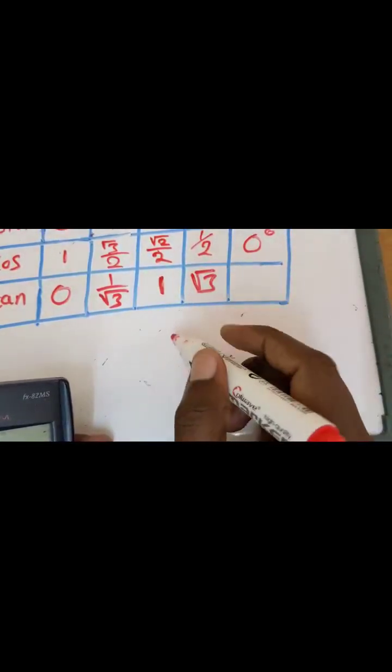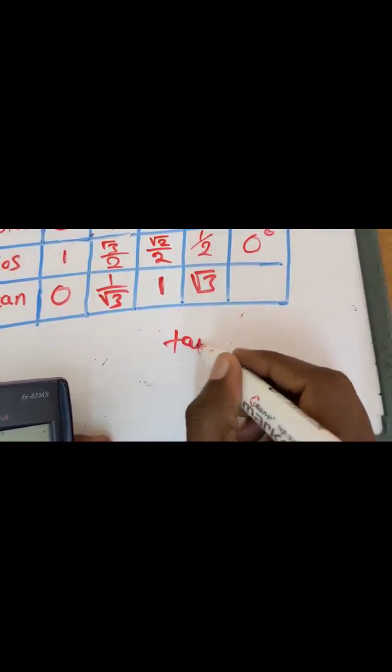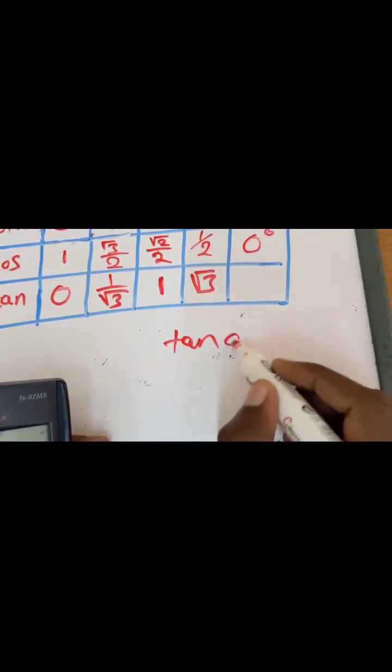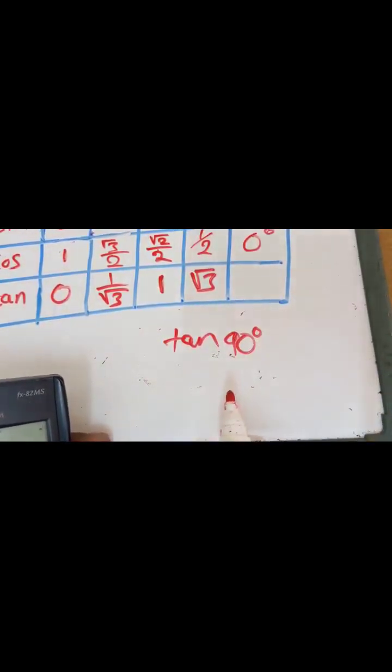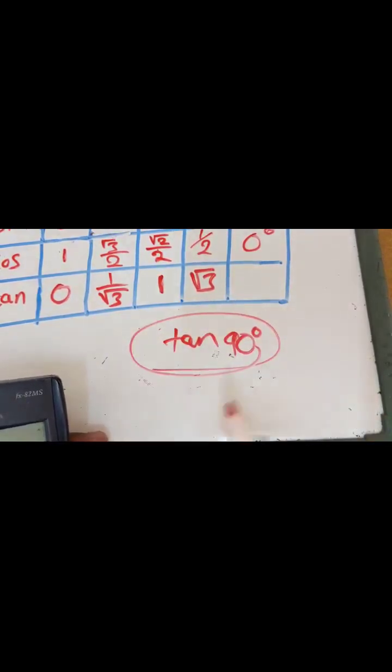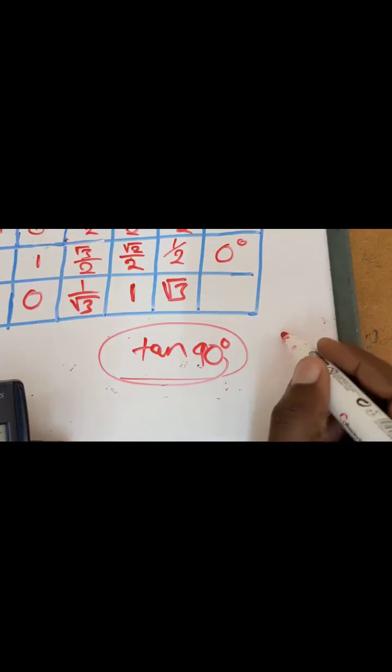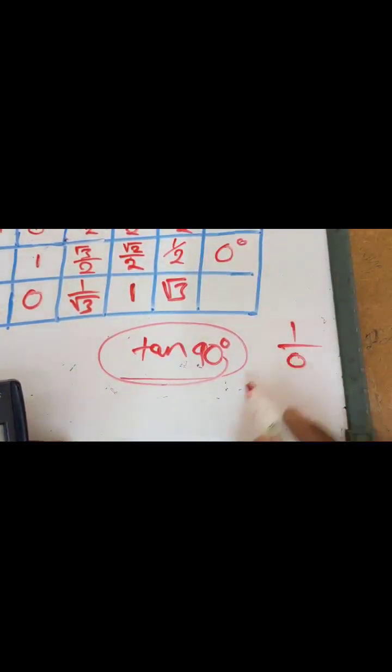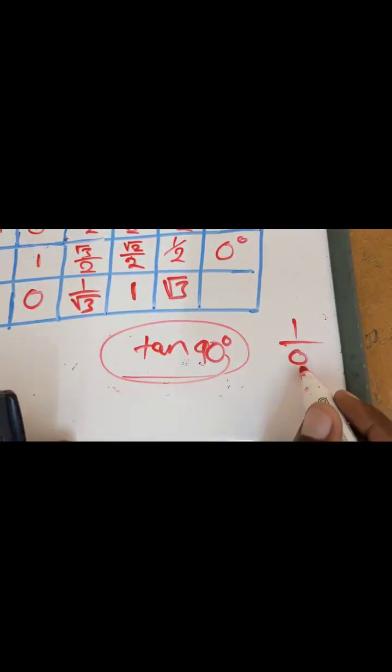So this last one, we don't have tan 90. Even if you find it on a calculator, tan 90 is math error. Why? Because when you're dividing 1 over 0, it is math error. You can't divide that. So the one which is down here is not supposed to be 0.